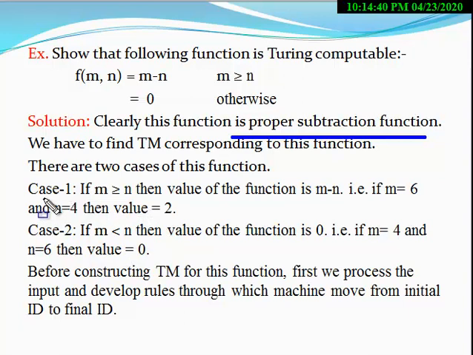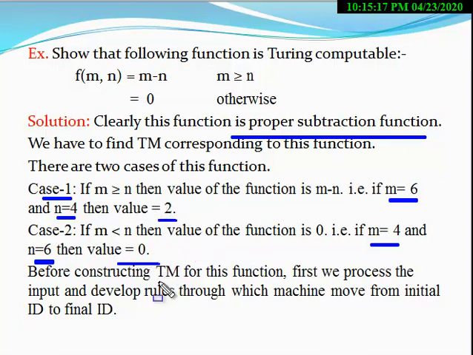In case number 1, when m is greater than or equal to n, if you pass the input m equal to 6 and n equal to 4, then the output should be 2, right? But in the second case, when m is less than n, if you pass m equal to 0 and n equal to 6, then the output should be 0, right? So that is how the function behaves.